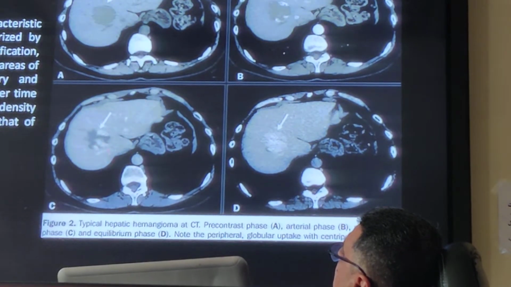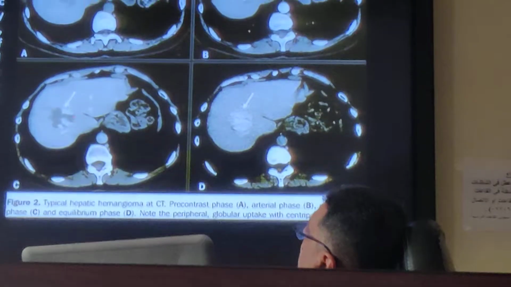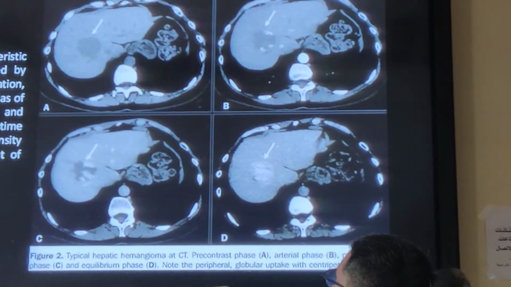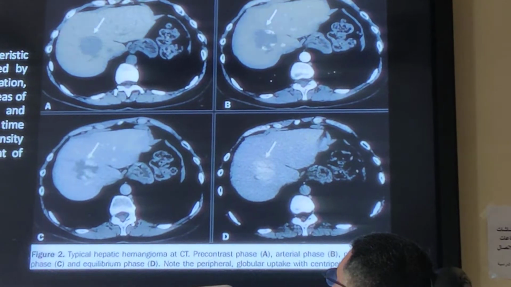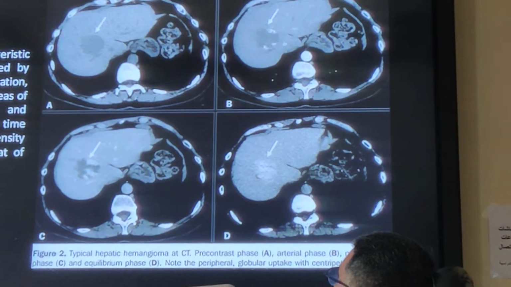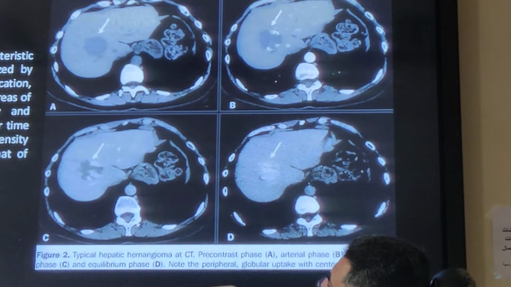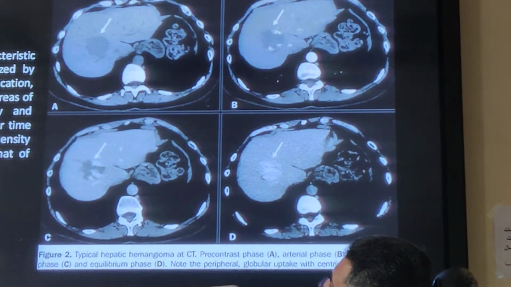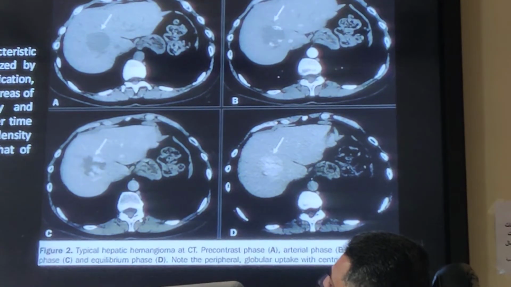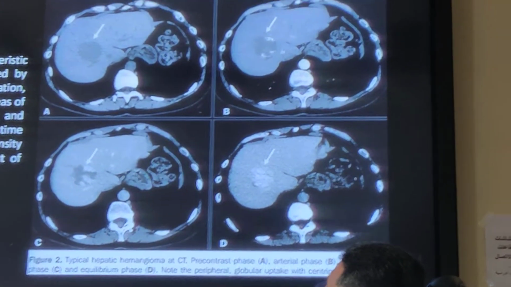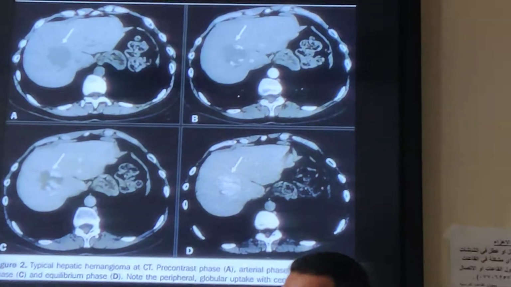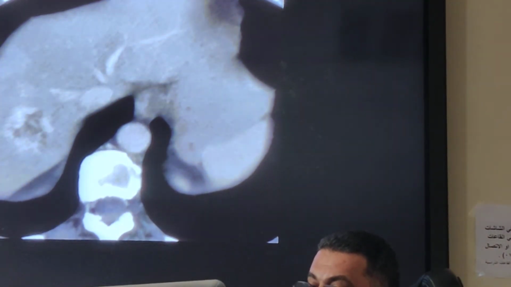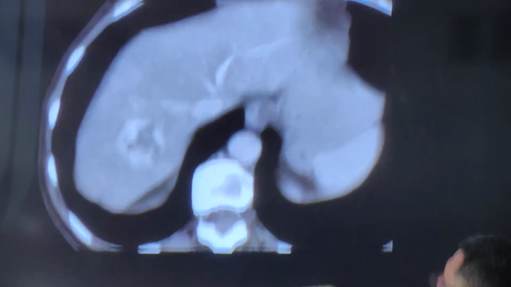Nodular discontinuous enhancement of the بعدين يتجه للسنتر يصير به contrast enhancing نسميه centripetal enhancing or centripetal distribution of the contrast enhancing in CT. This is a CT similar to that of the MRI. Also, this is another example of the hemangioma.